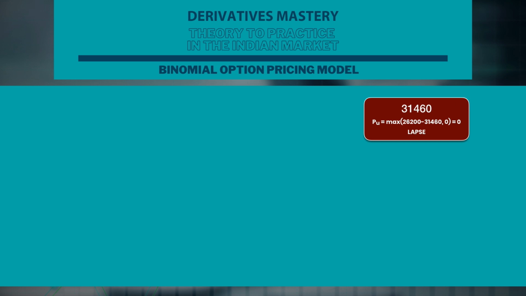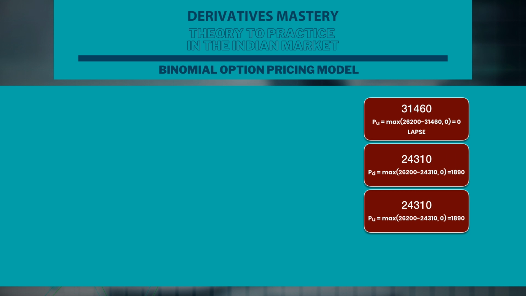If the price moves to 24,310, the option's payoff is maximum of 26,200 minus 24,310 or 0, which gives us 1,890. If the price drops to 18,785, the option payoff is maximum of 26,200 minus 18,785 or 0, which gives us 7,415.